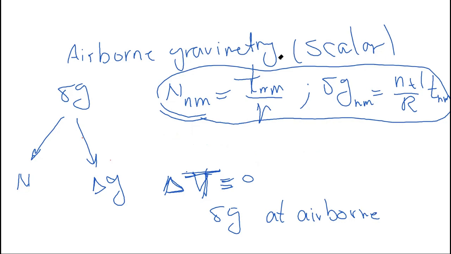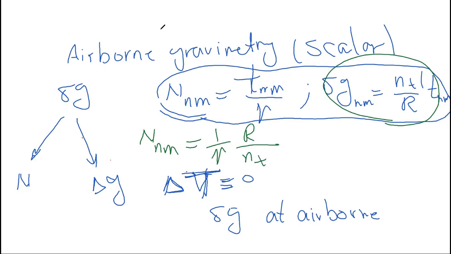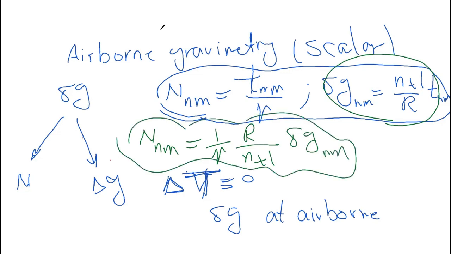So if my goal is to determine geoid height from airborne gravimetry, it's better to solve T_nm from this equation and put it inside this formula. So I will have 1 over gamma here, and R divided by n plus 1 times gravity disturbance. This is the main equation that we need to use.